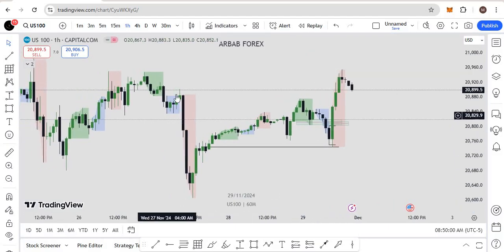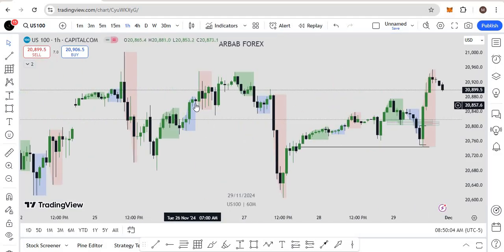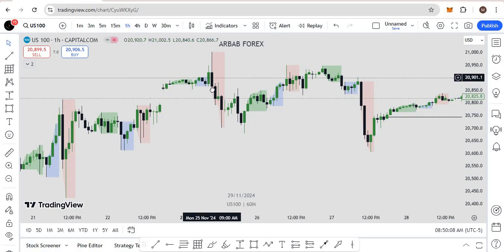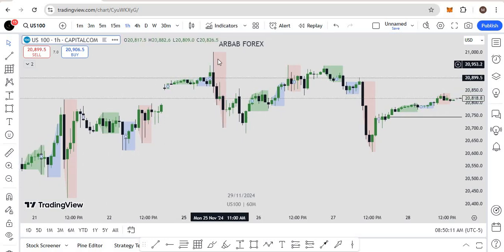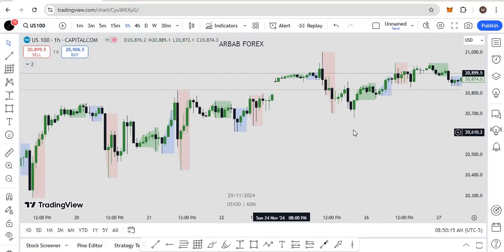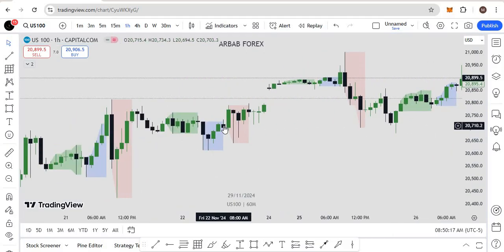Let's see randomly. Here is the 8 o'clock, 9 o'clock, no setup. 8 o'clock, 9 o'clock, no setup. 8 o'clock, 9 o'clock, beautiful setup. Sweep downside. Last week, 8, 9, beautiful setup.